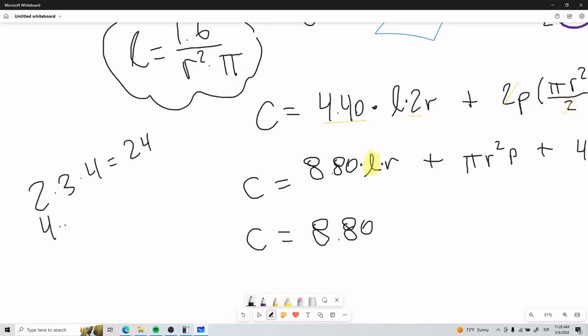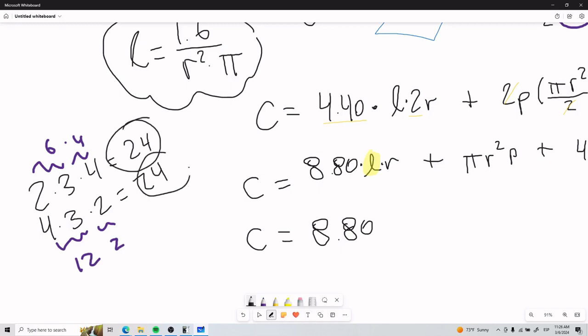Which is the same as 4 times 3 times 2. You might have been thinking, okay, this gives me 6, this is 4, 6 times 4, 24. Here, you're thinking 4 times 3 is 12, 12 times 2 also gives you 24. What am I trying to say? When things are multiplying, the order doesn't matter. You're still going to end up with 24.